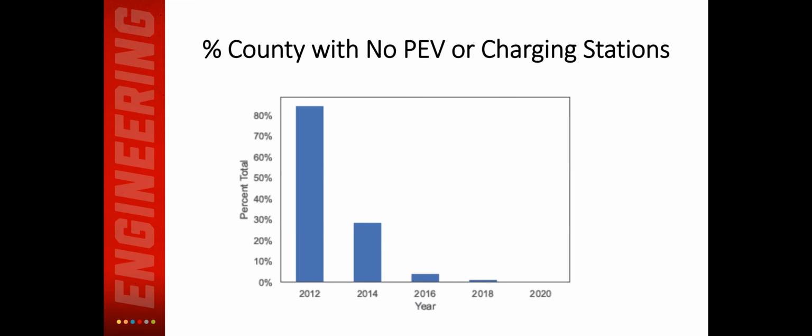If we filter those out, so that we're filtering out anything that has zero through the whole time series, and then plot the remaining data, you see that in 2012, about 80% of counties had neither PEVs or charging stations. By 2020, within this data set that we know has data somewhere, that's dropped down to 0. So this is the data set that we're going to use, which is about half of the counties in the US. Again, the counties that actually have some sort of meaningful data available to us.